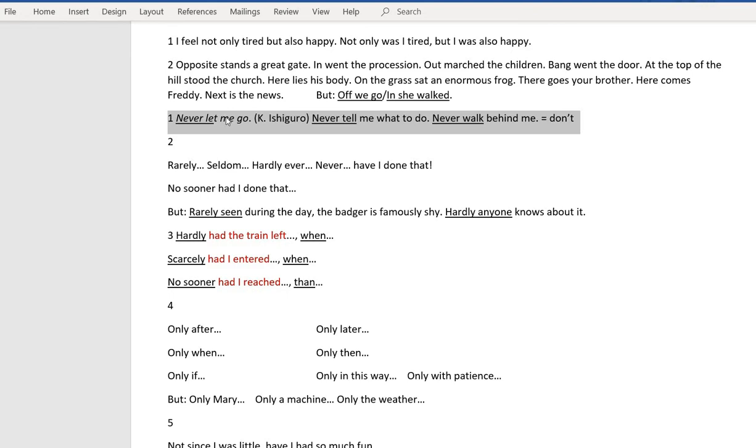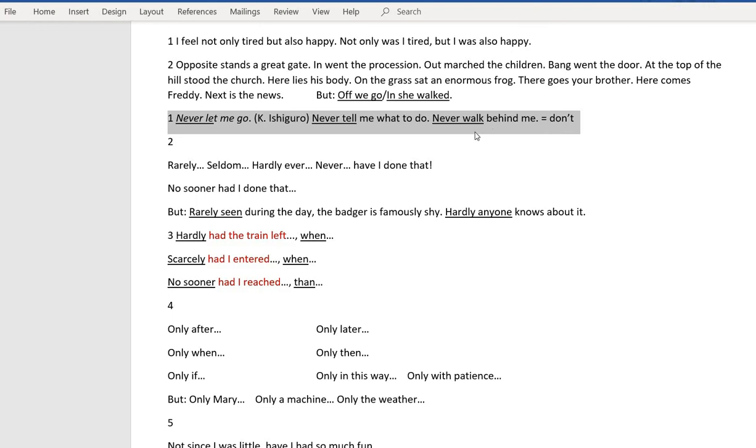Now, if you go here with me, look at these examples. Never Let Me Go, which is the name of a novel by Kazuo Ishiguro. By the way, it was made into a film if you want to watch it. Never Tell Me What to Do, Never Walk Behind Me. Now, no inversion. Actually, when never means don't, we don't use inversion.